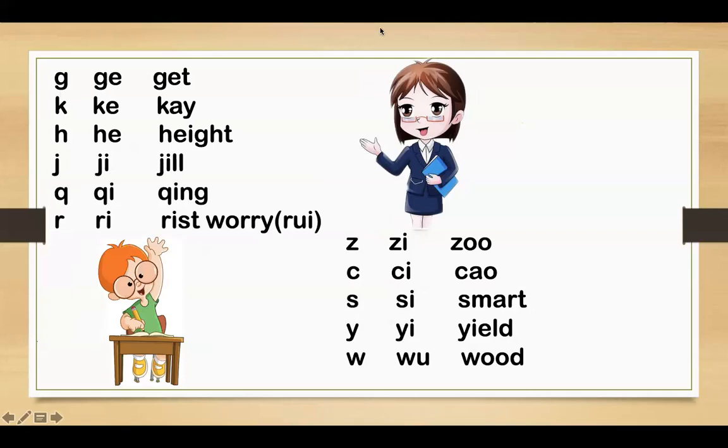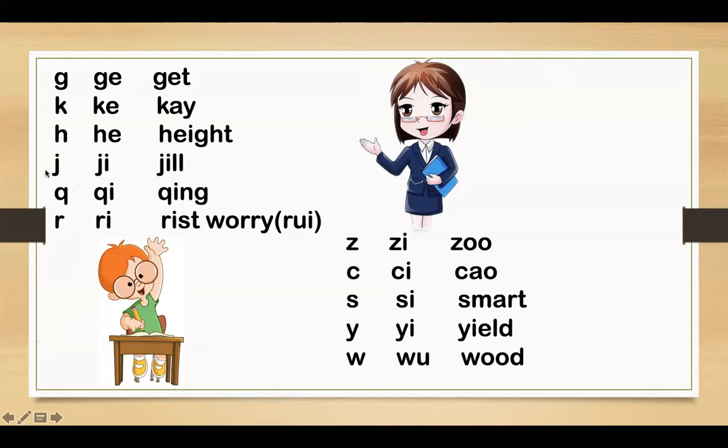Ge, get, like get, ge, and ke. I didn't really find a word, so I just used a name. K, like ke, and height.